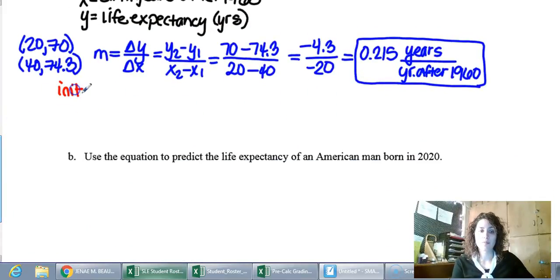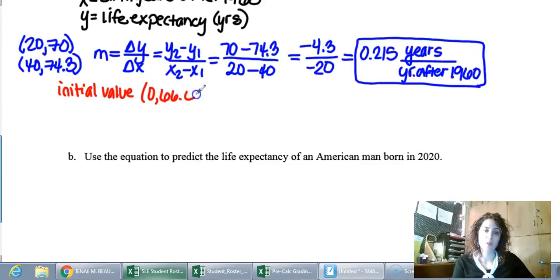Initial value (0, 66.6). So when we go to write y equals mx plus b, I've got m, and we just said this is b.